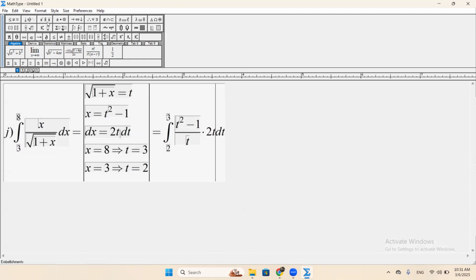So we can already cancel t, and it will be much simpler than it was before. So moving 2 out of brackets, and we'll have t square minus 1 dt. So now let's calculate this table integral.